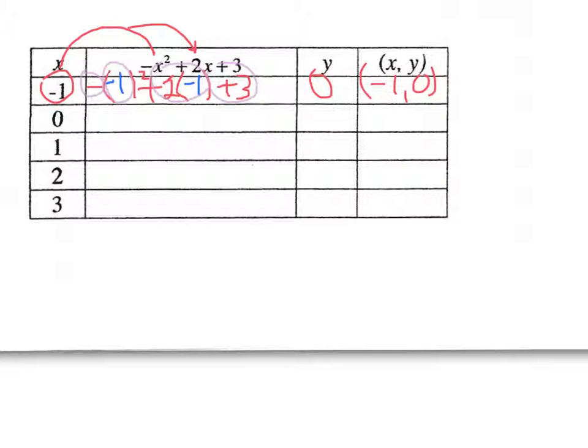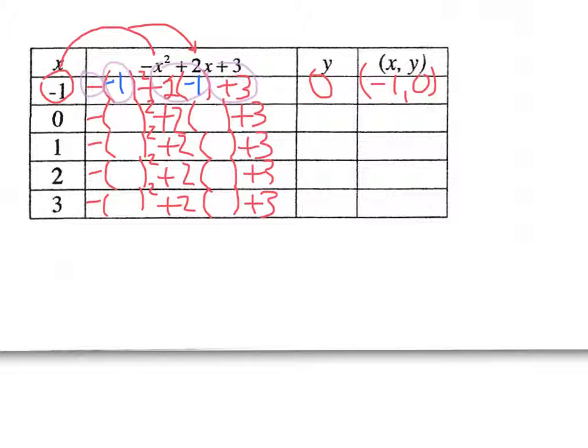Now I'll show you how to build the chart rapidly. They all have a negative sign and a parenthesis squared waiting for the variable, and a plus 2 with parentheses waiting for the variable, and lastly we add 3. So now we add the variable to this one, and we do the math, and this ends up as a 3, so the point is 0, 3.